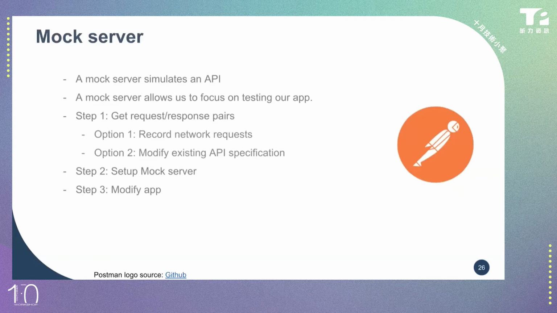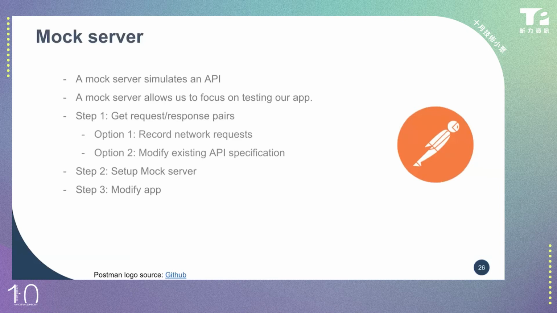So if there's some logic flaw on the backend, or if the data is not in the state that we need for our test, it might fail, even though our app is behaving correctly. So by using a mock server, we can avoid that, because a mock server allows us to simulate an API, and therefore it allows us to focus on testing only our app.